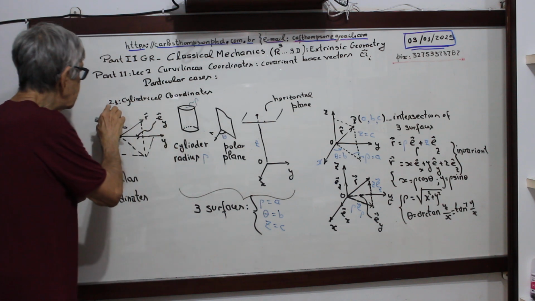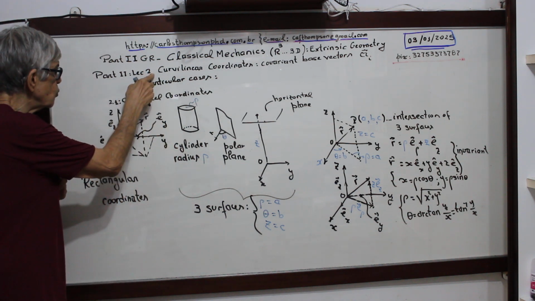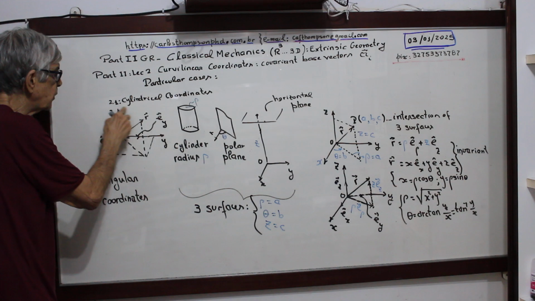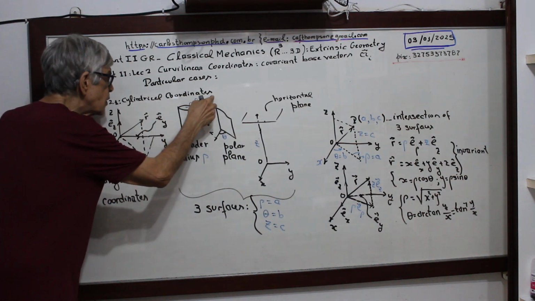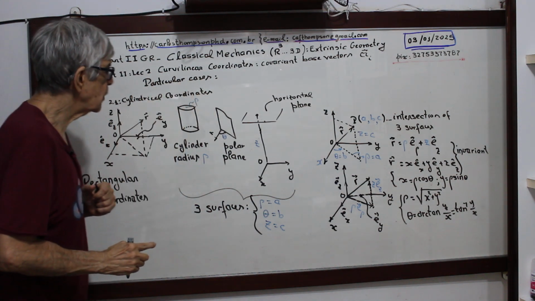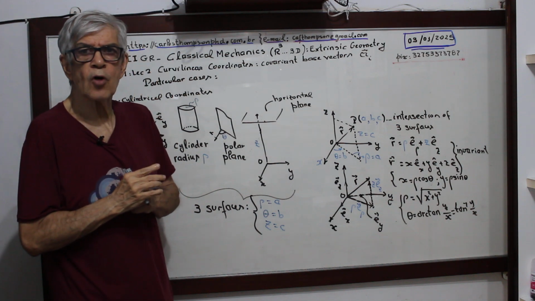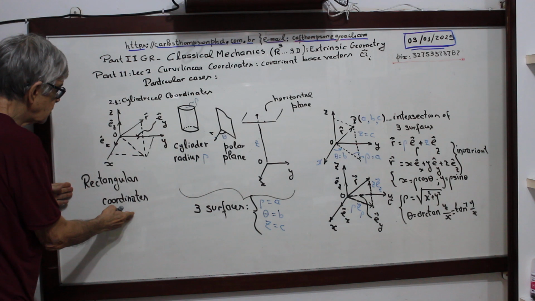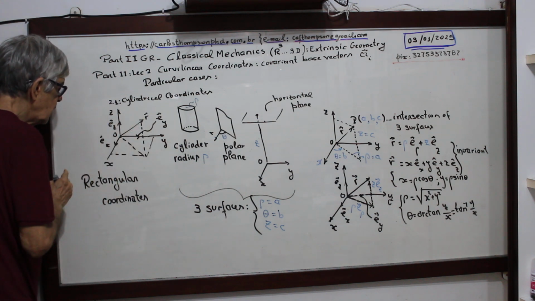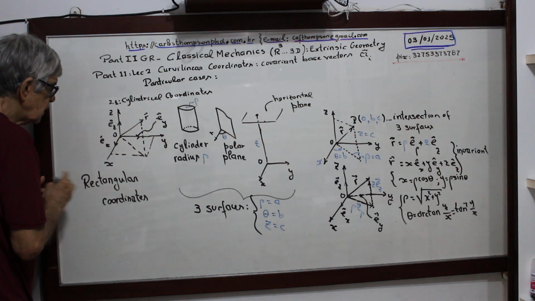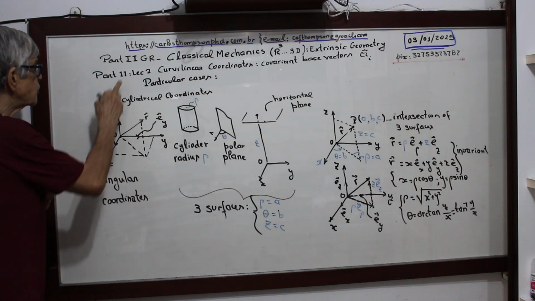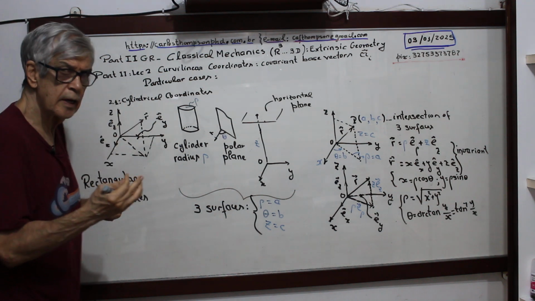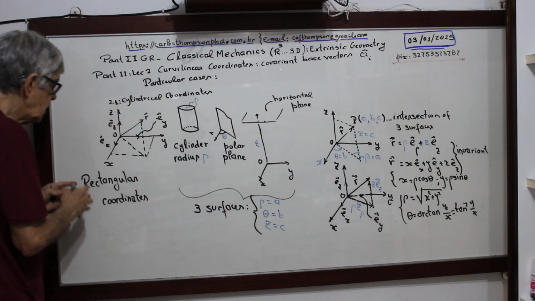The first one, lecture 2.1, is cylindrical coordinates. Previously, we talked about the rectangular coordinates. We already showed that in part 2, lecture 1A, 1B.